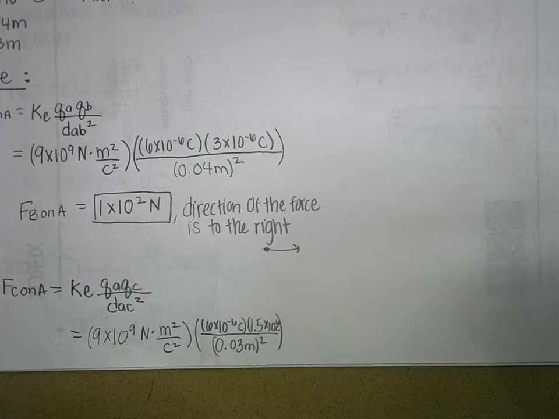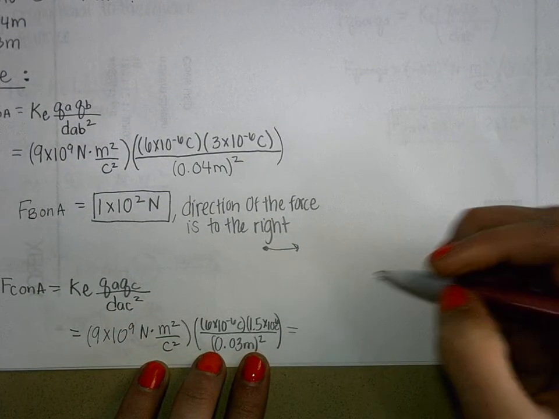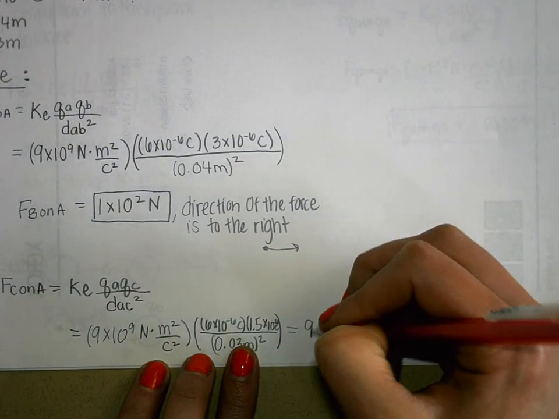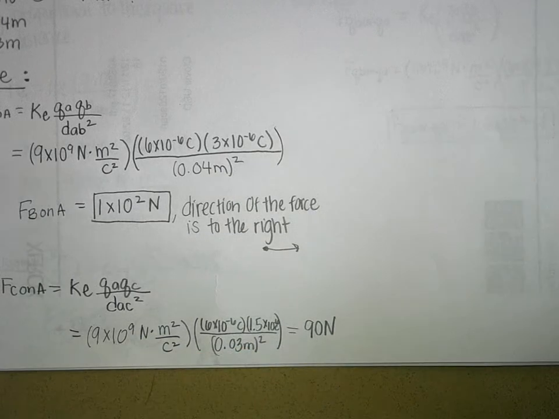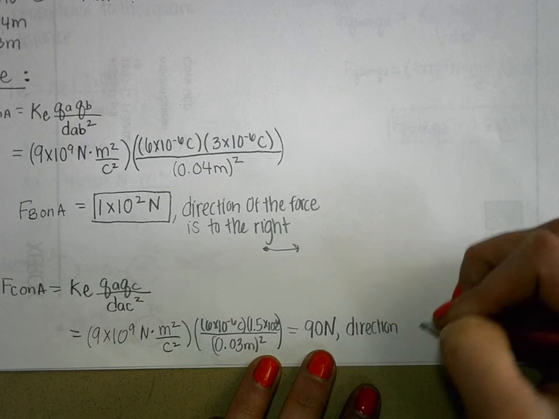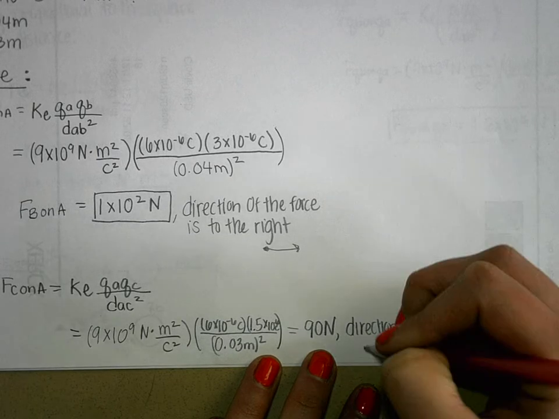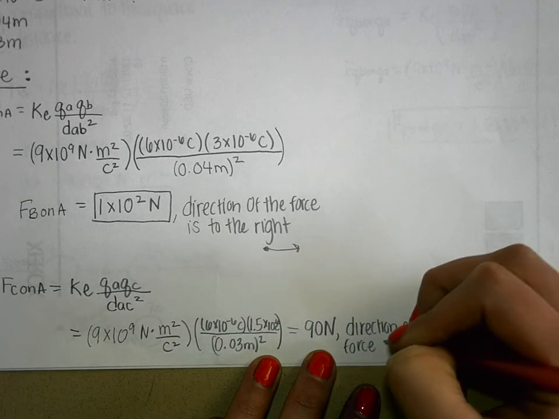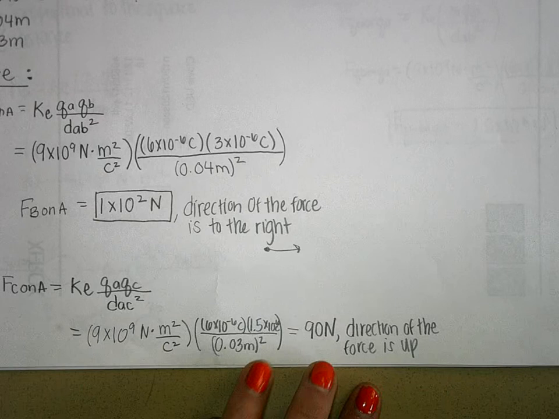When you plug that into your calculator, you end up with 90 newtons. And these are both positive charges. So because they're repelling, the direction of the force is up, because they're both laying on the y-axis.